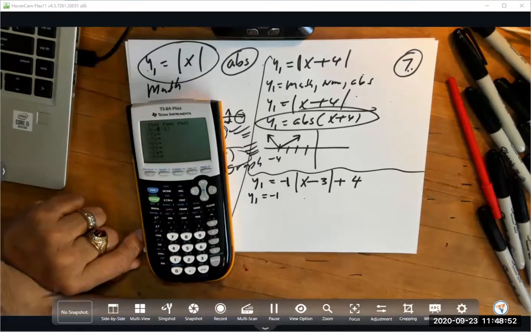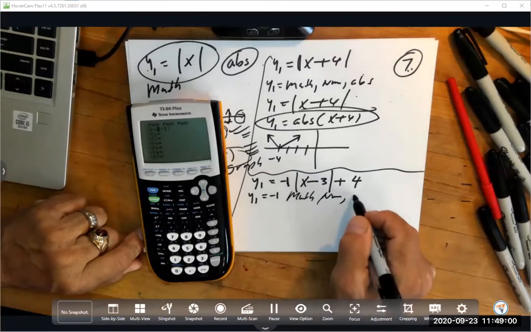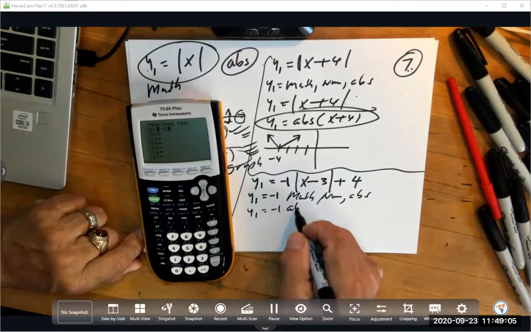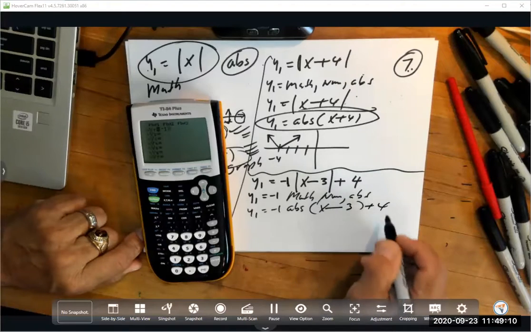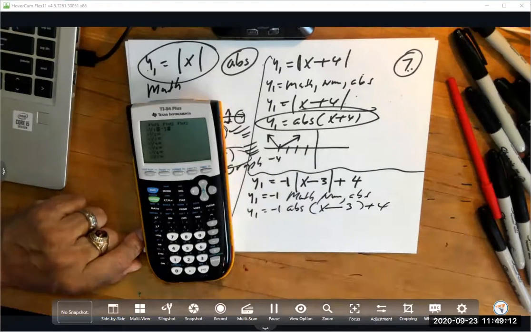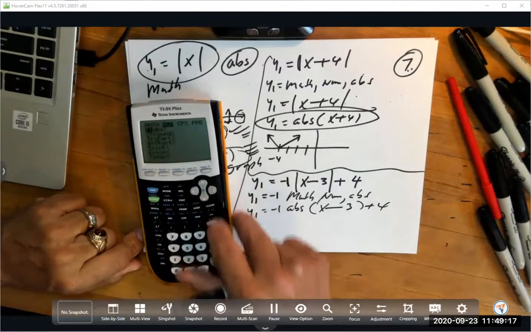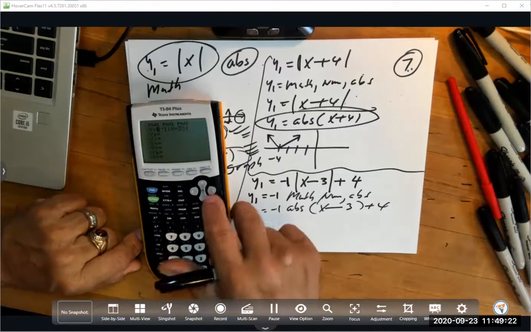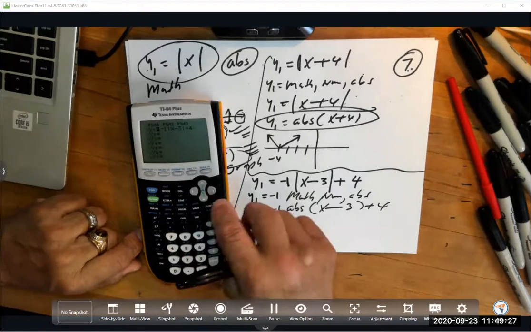So you get the -1 right there. And then you're going to do math, number, abs. So now, it might look like this, or it might look like that. Depends what you have. Anyway, -1, and I'm going to go math, number, abs, x -3, get out of there, +4. All right, so ready? I'm going to hit graph on mine.